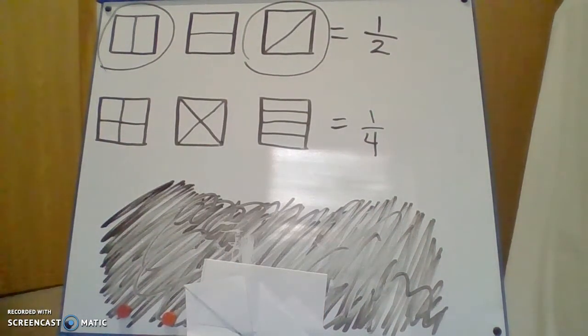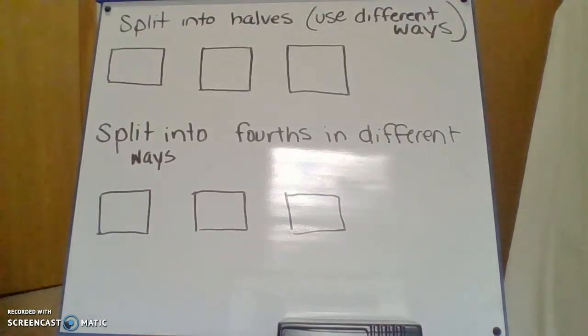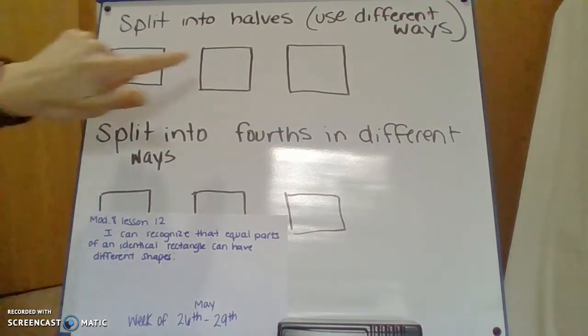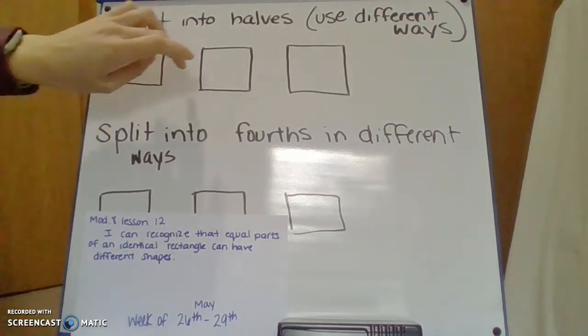So what I'm going to do now is give you some practice, splitting up objects and counting objects. If we go back to your learning target, which I just want to revisit, it says that you can recognize that equal parts of an identical rectangle can have different shapes. So we have our rectangles.